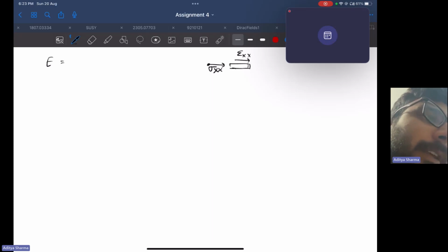Then the Young's modulus is the stress in the same direction divided by the strain, the elongation, in the same direction. This ratio is defined to be the Young's modulus.